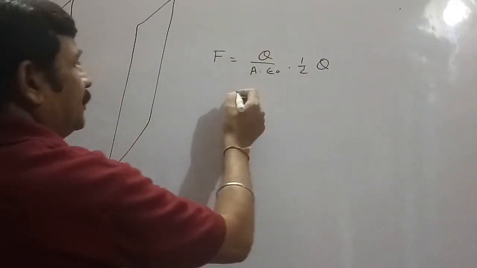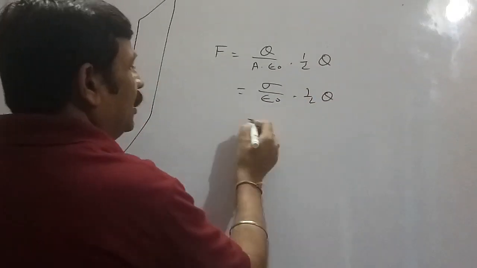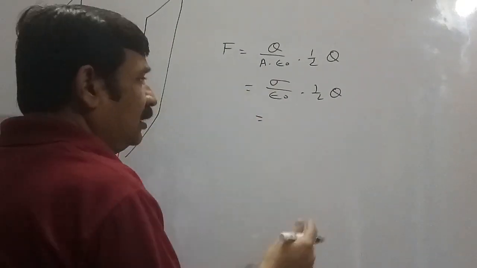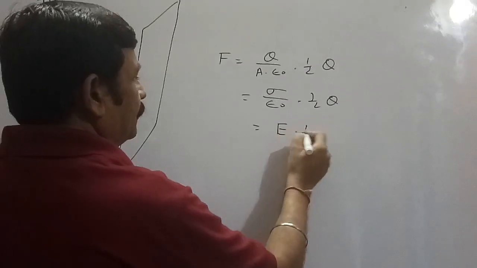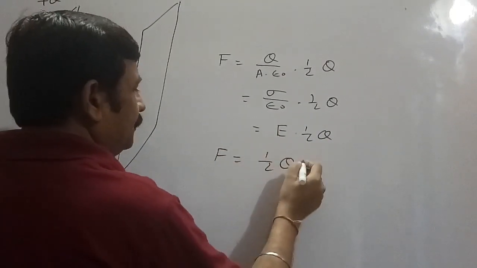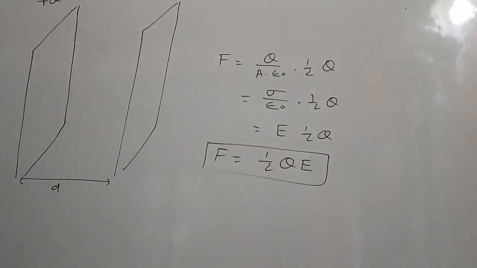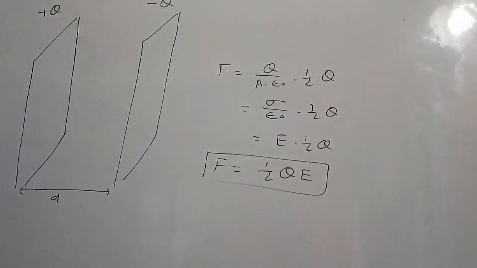Now Q upon A epsilon naught means sigma by epsilon naught into half Q. Now sigma by epsilon naught is the intensity expression between two opposite nature charged plates. So here we can say half QE. What is this E? The intensity between two opposite nature charged plates anywhere.